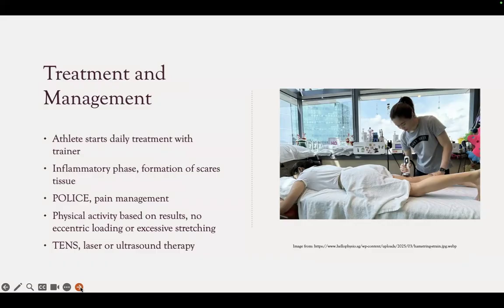When we are doing the treatment and the management, from the physiological standpoint, this is the inflammatory phase where the body is clearing damaged tissue and the scar tissue is being formed. The athlete in this phase, similar to the previous phase, has limited physical activities based on the results.